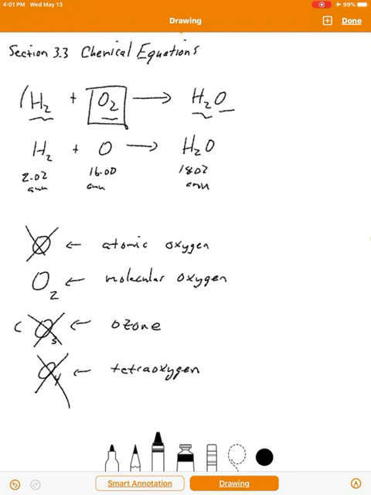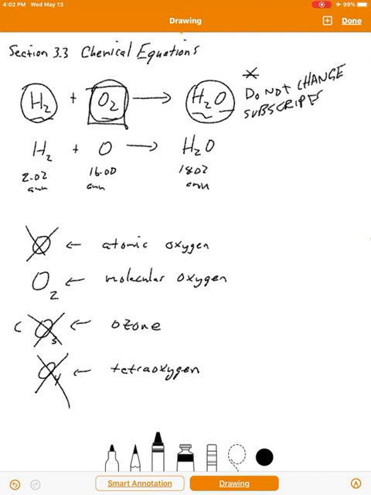So we have to use the chemical formulas that we have here in order to balance these equations. We cannot change the subscripts in order to balance an equation. So let me write that over here. Do not change subscripts to balance equations.